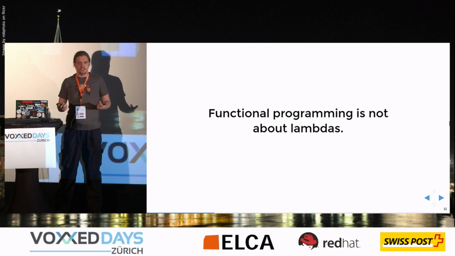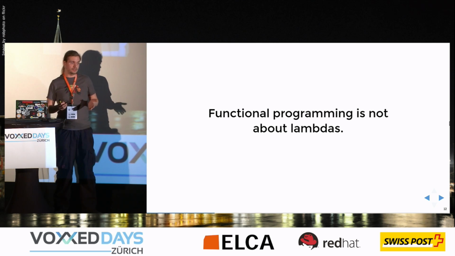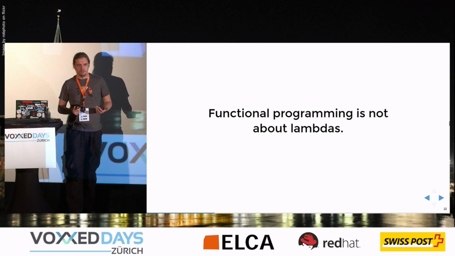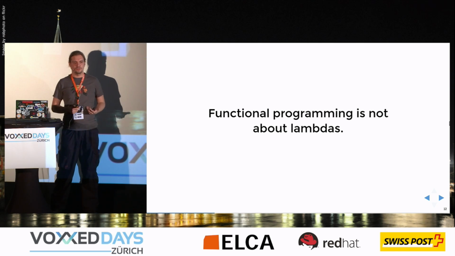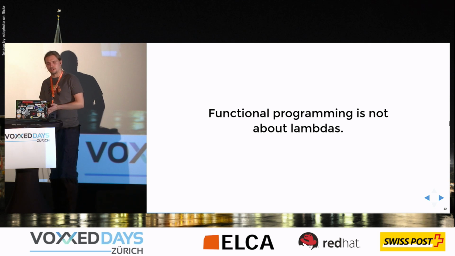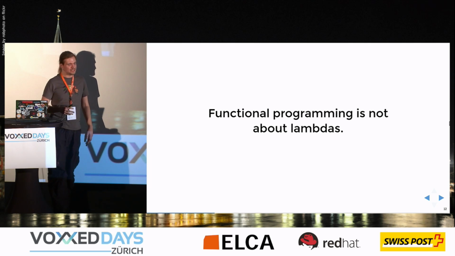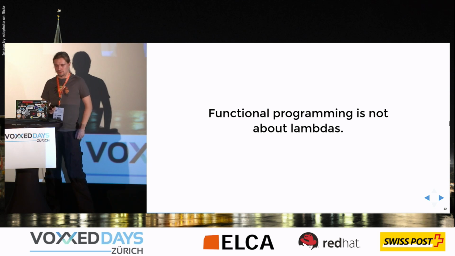Actually, it's all about being able to pass behavior some way. And guess what? We were still able to do this in previous Java releases, okay? Because if we wanted to start a thread, we still were able to provide it with an anonymous implementation of an interface, and it was working, okay? So it was still some kind of cumbersome way of doing lambdas, but still it worked, okay?